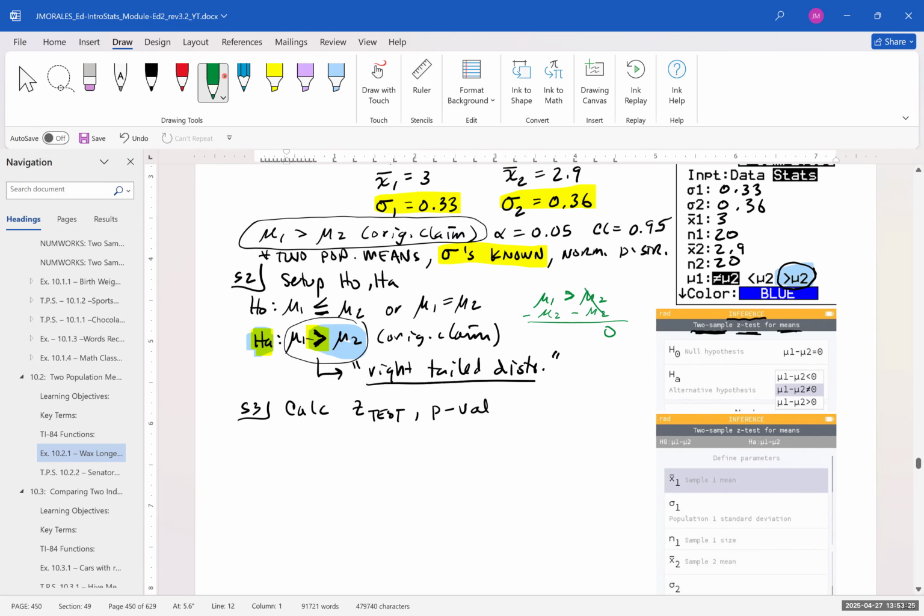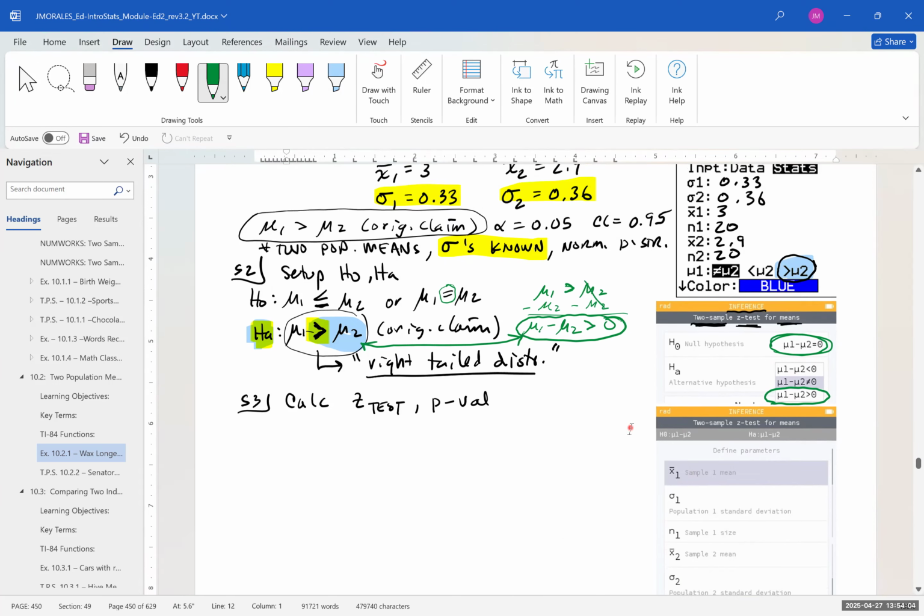This will be 0 greater than mu1 minus mu2. Notice that this form, which is equivalent to that, is what we've got here on the NumWorks calculator. That's the way they do it. And like I mentioned with using an equal sign, the NumWorks calculator uses an equal sign here as well. So just be aware of that.